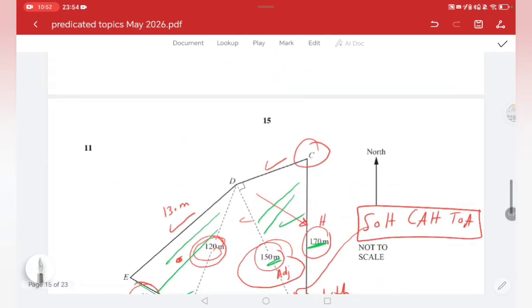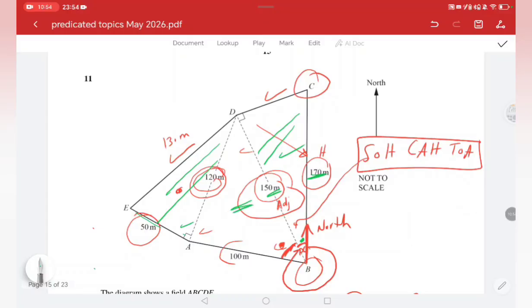How about the one in between? Between them we have a non-right angle triangle, this triangle. So I must use the area formula 1/2 ab sine C. Take any two sides, sine the angle between them. Since I know this angle, I will take these two sides, 100 and 150.